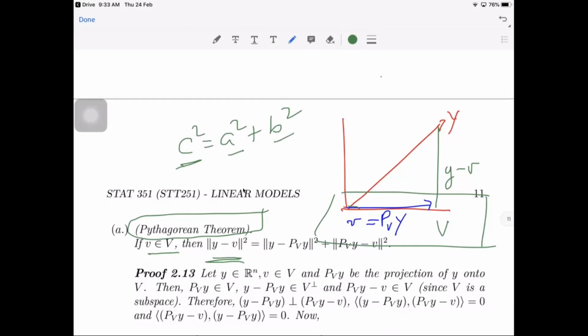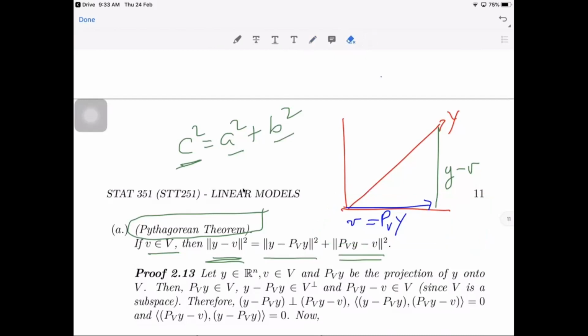So in here, the square norm of y minus V is equal to y minus the projection of y onto V plus the projection. So ang leg din ang projection, ang y minus the projection of y onto V and the projection of y minus V. So ang gawas ani murag kini ang hypotenuse kana, no?